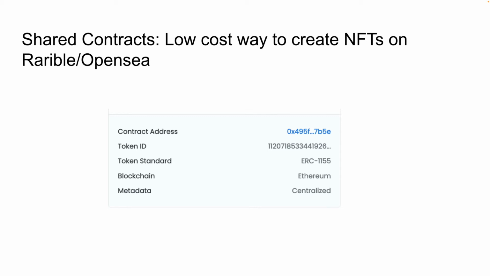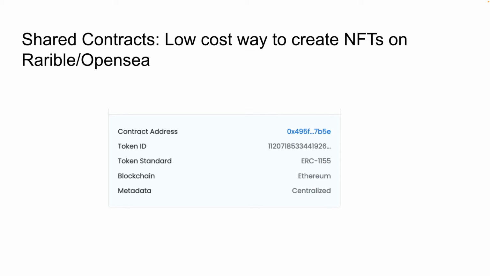What that lets you do is you don't have to deploy your own contract, which costs sometimes around 0.2 ETH, and sometimes more than that, depending on the gas price and the complexity of your smart contract, right? But on average, it will cost you at least 0.2 ETH to deploy a contract of your own. So you see how big of a barrier that is, right?